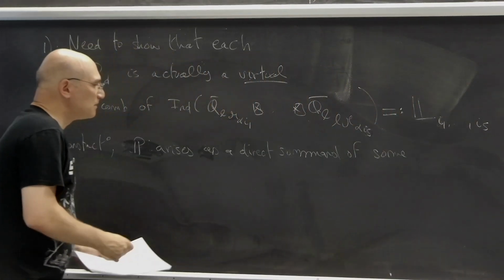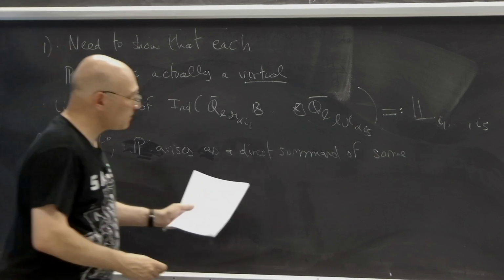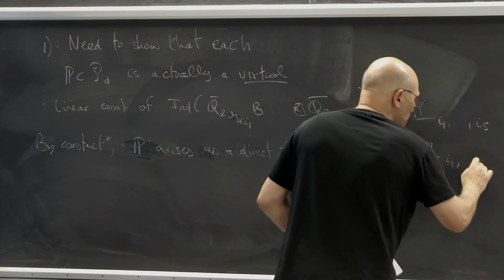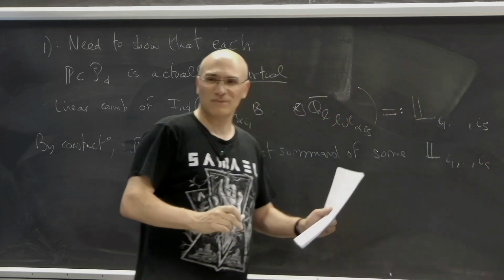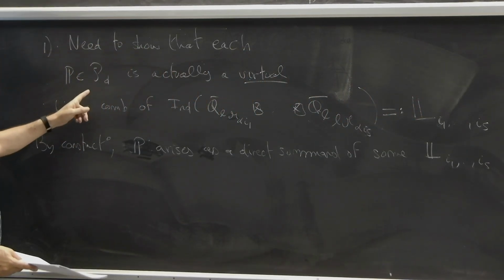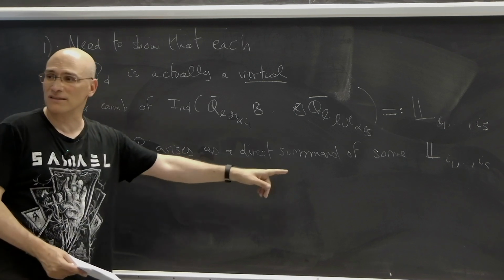Okay, so it arises as a direct summand of some L I1 ... IS. Okay, by definition, this is a simple perverse sheaf, a direct summand of one of these guys.